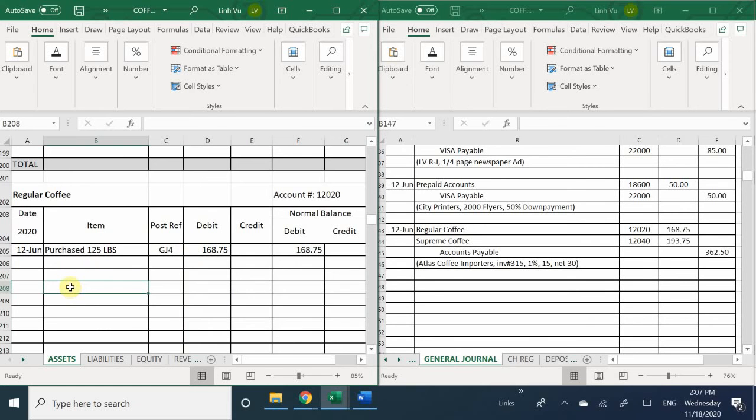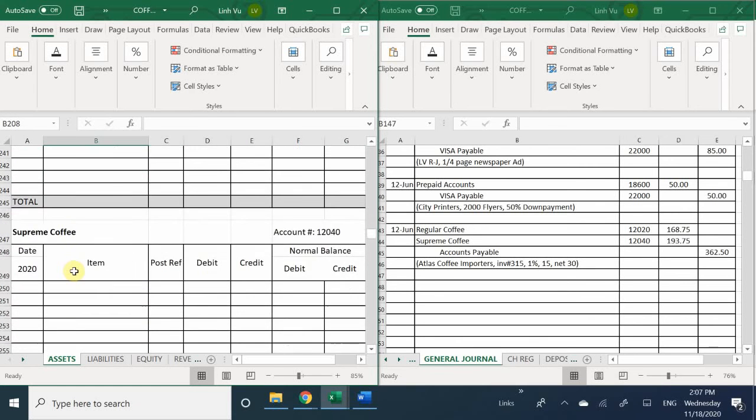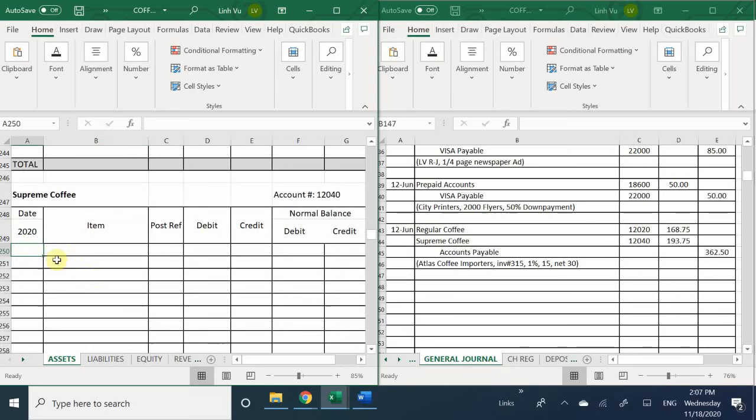So good. Now the next thing I have is my Supreme Coffee. And my Supreme Coffee, again on June 12th, I purchased 125 pounds.